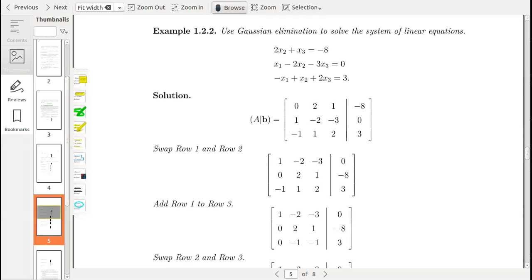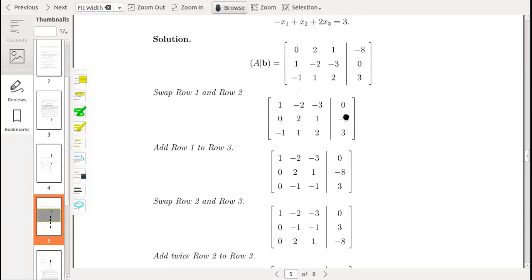But we cannot operate with the first row, so we switch this first row with the second one to make the first element non-zero. If the first element is 0, we must swap the rows, because otherwise we cannot perform operations.